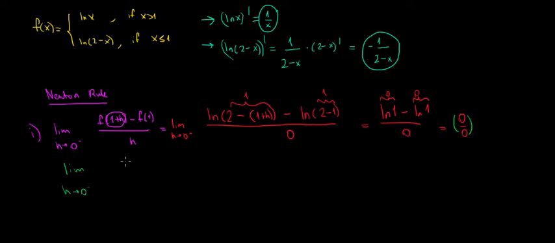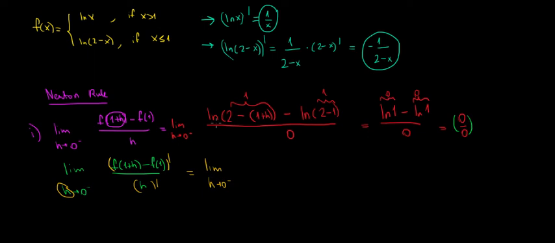h approaches 0 from the negative side, and we have this whole thing divided by h, and now we take the derivatives of the upper side and the lower side. So if we differentiate this and we differentiate that, the variable of interest is h. We're dealing with h now. So what would that look like?